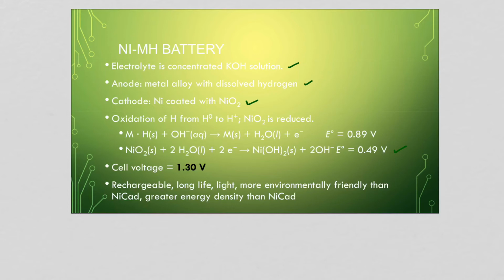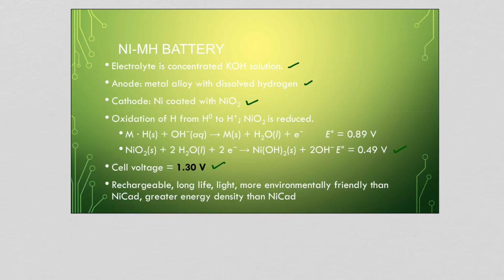So for your oxidation, you're going from hydrogen 0 as part of our metal hydride complex to hydrogen +1 in the form of water. Again, very similar qualities, with about the same voltage, 1.3 volts. It's of course rechargeable. You've gotten rid of the toxicity issue by replacing the cadmium.